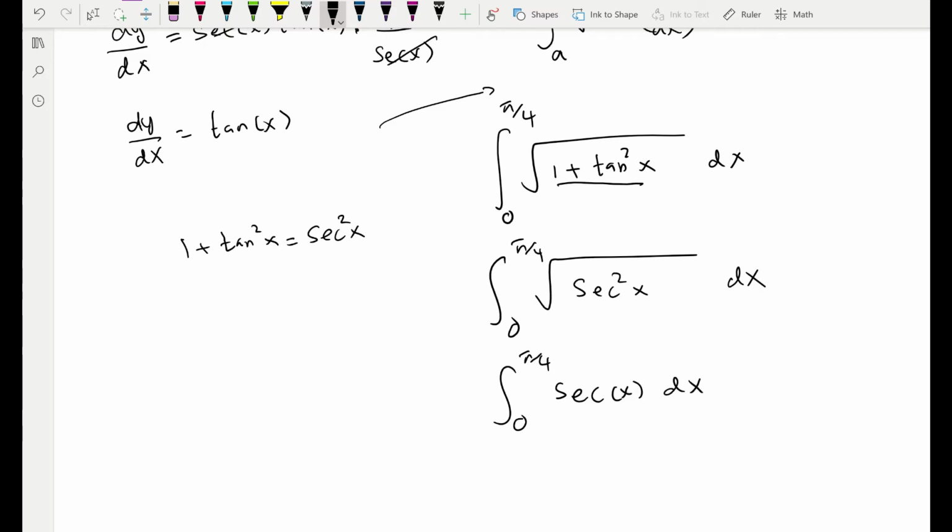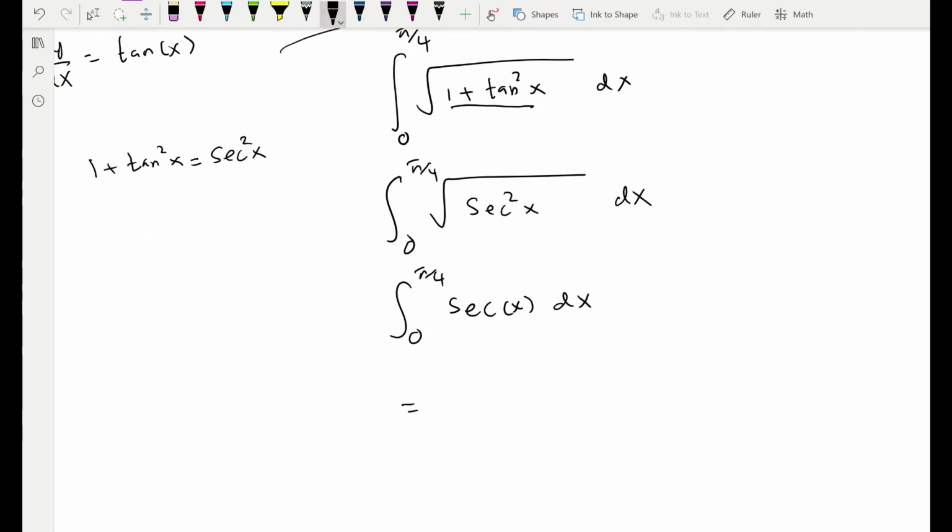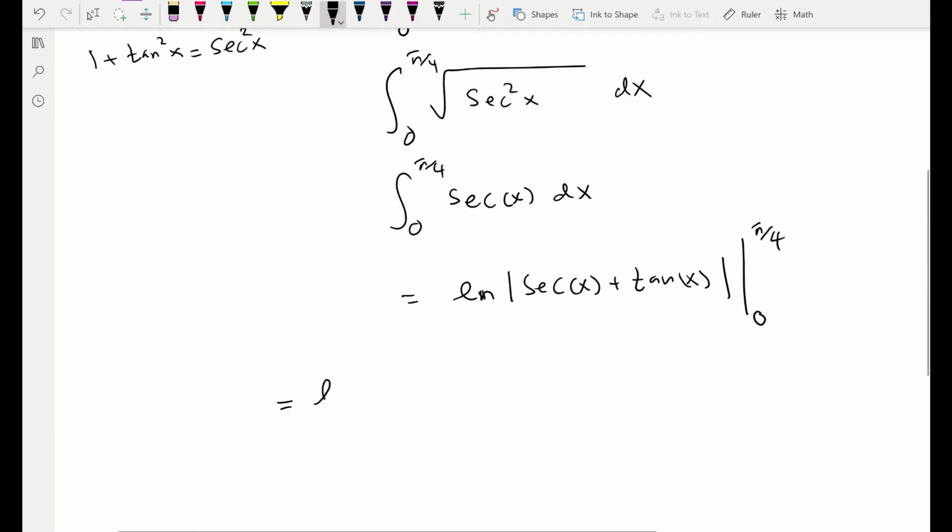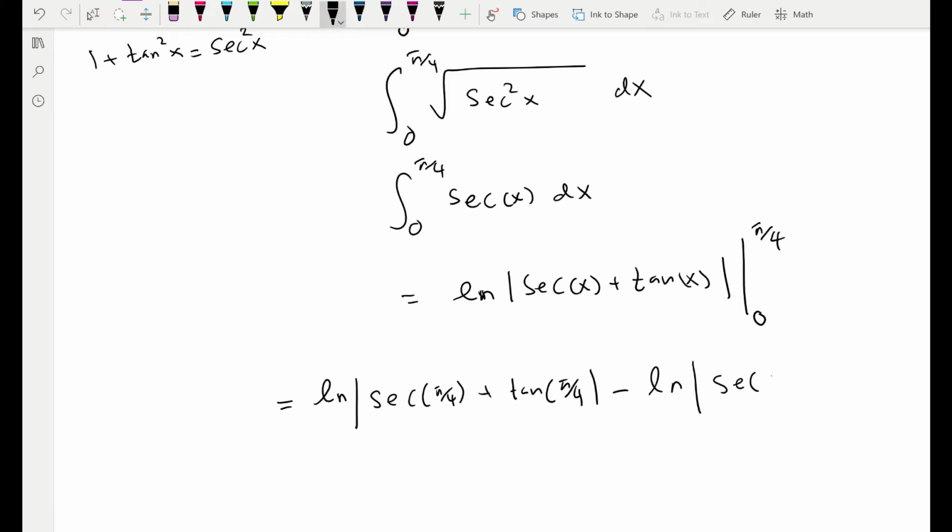If you integrate secant x, you get natural log of the absolute value of secant x plus tangent x. Then you evaluate this at pi over 4 and 0 and subtract. Substituting pi over 4, it's natural log of the absolute value of secant pi over 4 plus tangent pi over 4, minus natural log of secant 0 plus tangent 0.